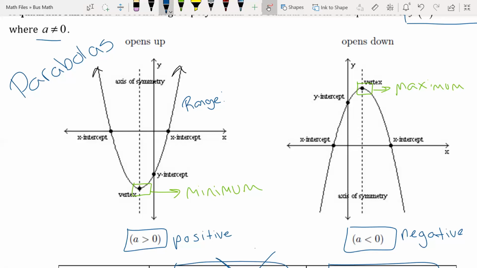So for my range, we're going to start at bracket k. K represents the y value of the vertex. We start at k, and we shoot up towards infinity. And that's the range for a parabola that opens up. So remember that k is just a y value, but it is the y value of the vertex.